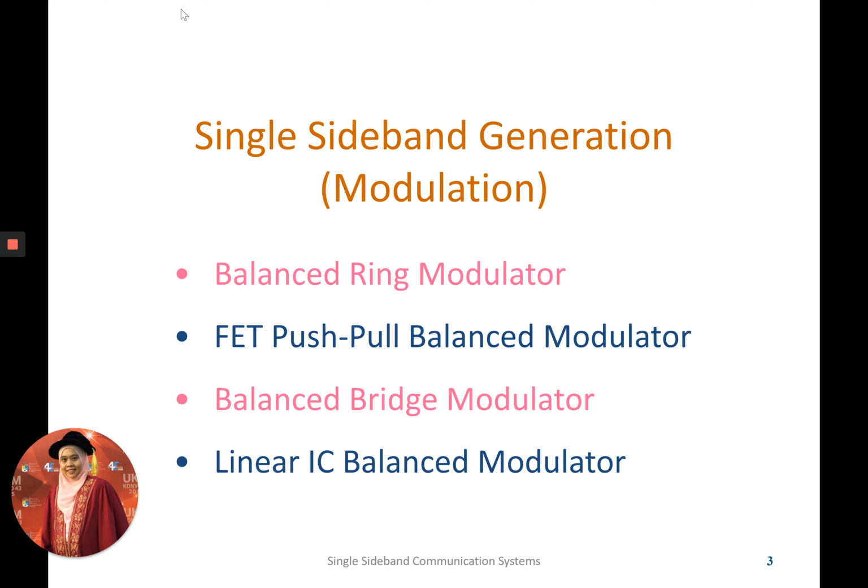So this type of modulator is inside an IC, the integrated circuit, and we can have an IC become a modulator and just connect the outer part of the IC with other electronic components such as diodes, resistors, capacitors, and so on, so that we can get exactly the kind of frequency or other things that we want from the signal.